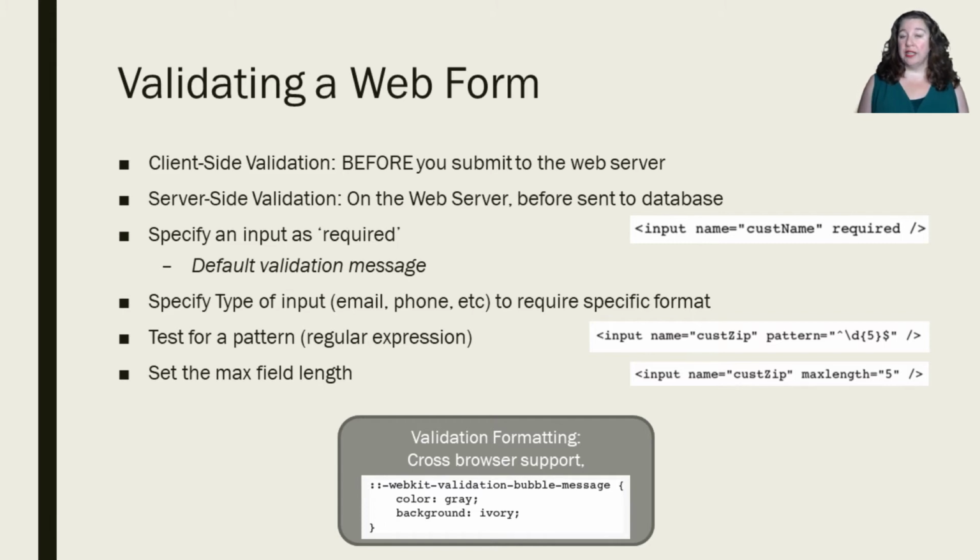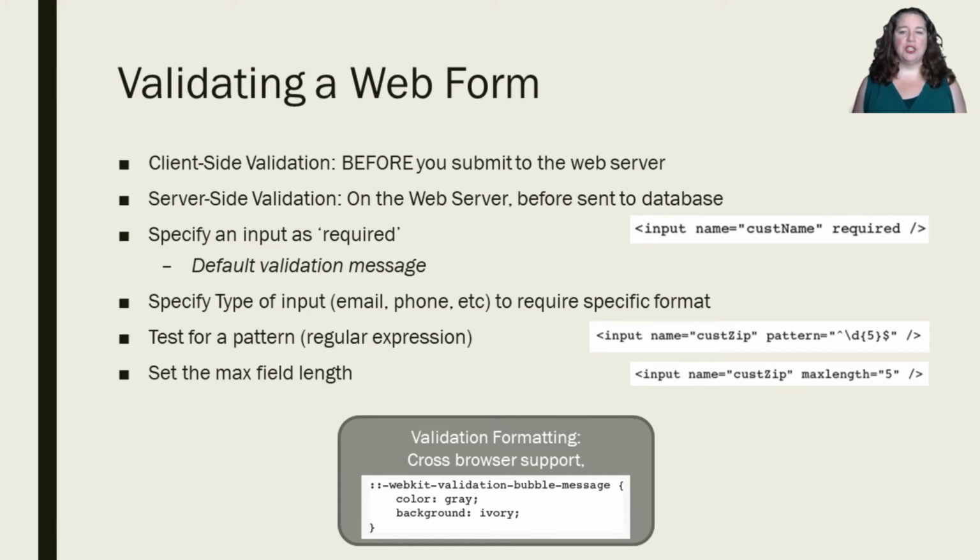We can do our client-side validations before you even submit by either requiring an item, by typing in the word required, and that will make sure that if the field is not populated, it will not let you submit. We can give a specific pattern or a specific type of input. So our type of input could be either an email or a phone or something like that that could have a specific type. We can also use what we call a regular expression.